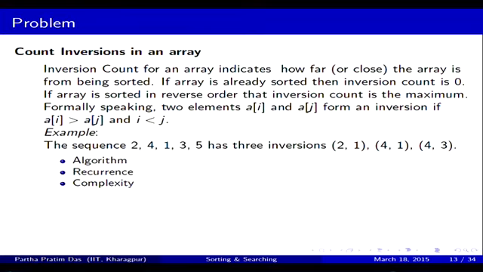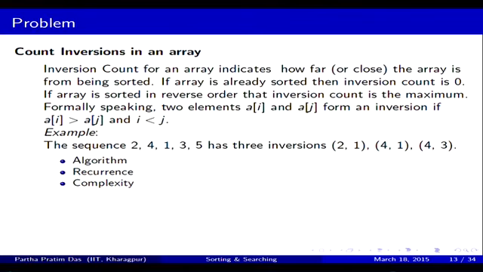Count inversions. You are familiar with what is called an inversion. An inversion is a pair in a list which is not placed in the right order so far as the sorting order is concerned. Say if we look at this array and if our sorting order is increasing, then we find pairs of elements which are not in right order.